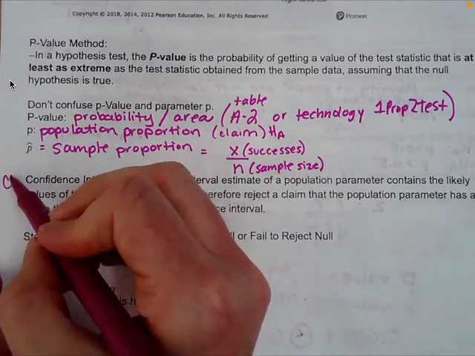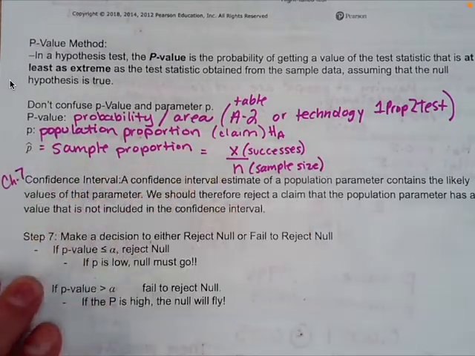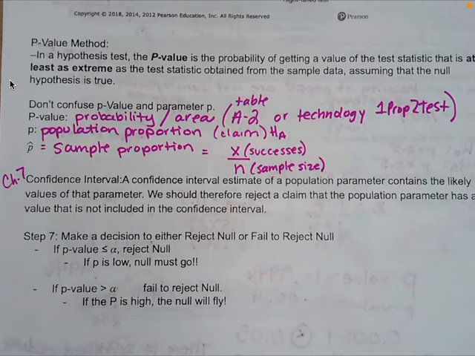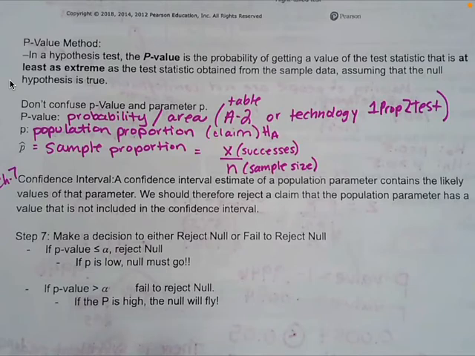Confidence interval was from chapter 7. A confidence interval is the estimate of a population parameter. It contains the likely values of a parameter. We should therefore reject a claim that the population parameter has a value that is not included in the confidence interval. So with our confidence interval, we could look at the two values.